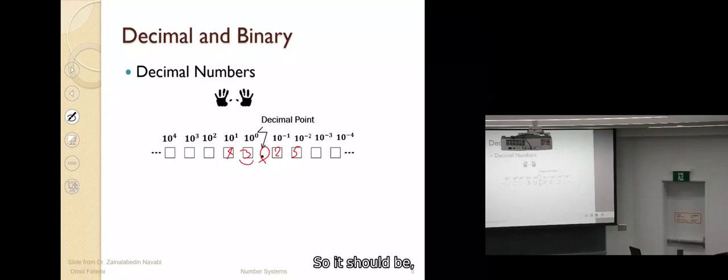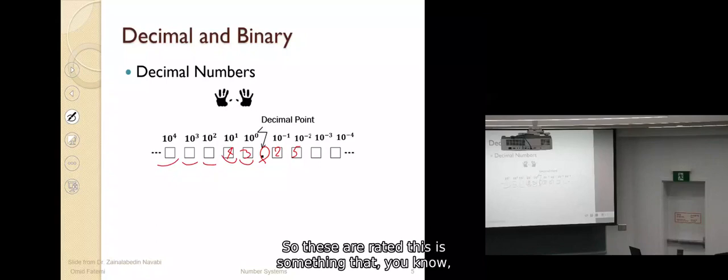It has a weight of 10 to the 0. The next one has a weight of 10 to the 1. The next one would be 10 to the 2. The last one 10 to the 3, 10 to the 4, 10 to the 5, 10 to the 6, and so on. So these are weighted.